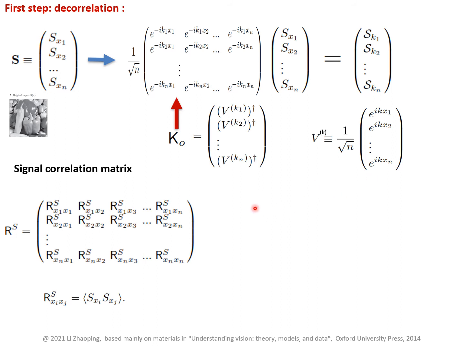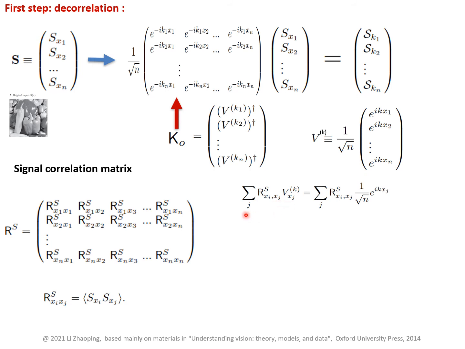So if we make this correlation matrix act onto this eigenvector, this row acts on this column, it is a summation over j over all the elements of this column.